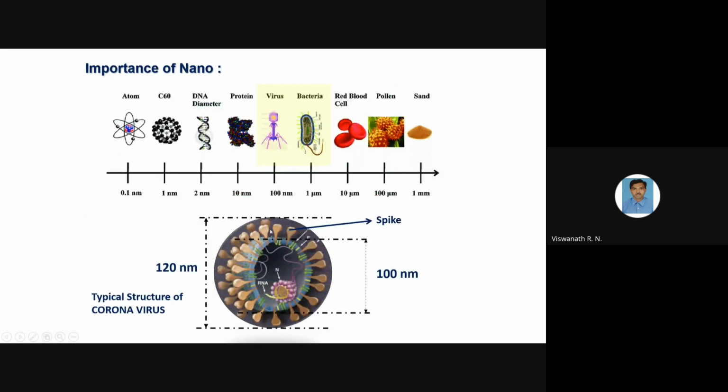Why the virus, what is the maximum diameter? So the size of the viruses, for example, the coronavirus, which people suffered a lot from, is 120 nanometer. It is around 100 nanometer for the inner core, but with the spikes 20 nanometer. So altogether it is 120 nanometer.